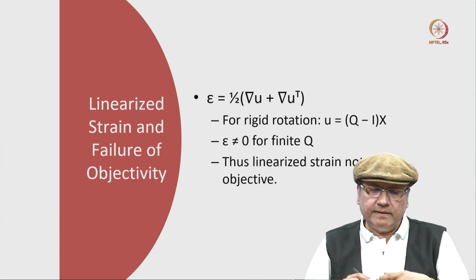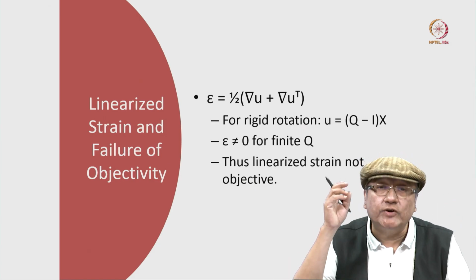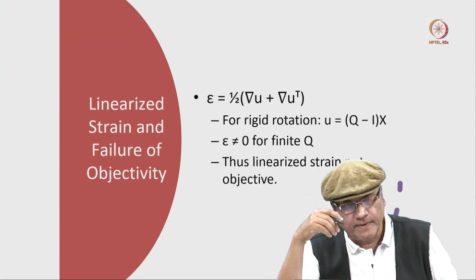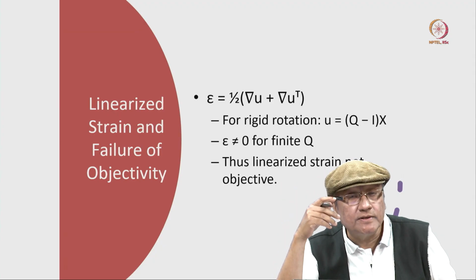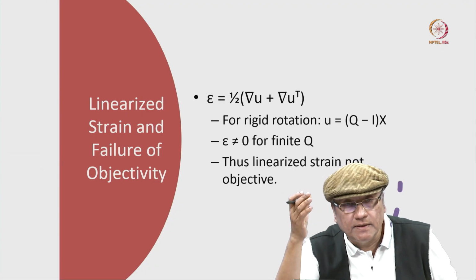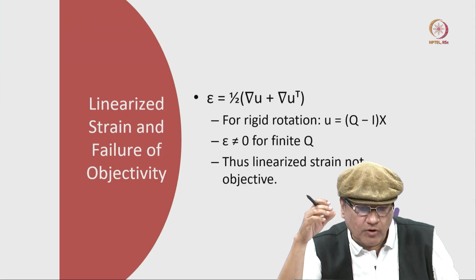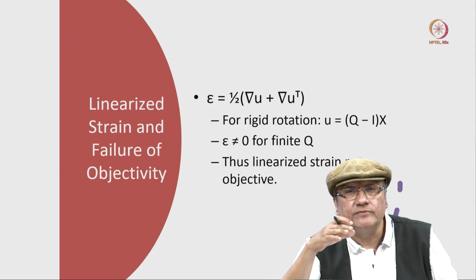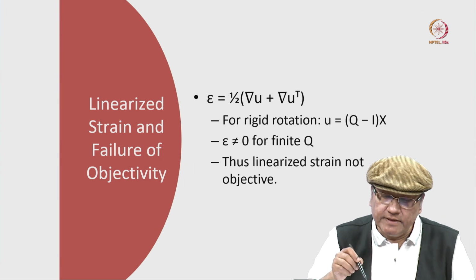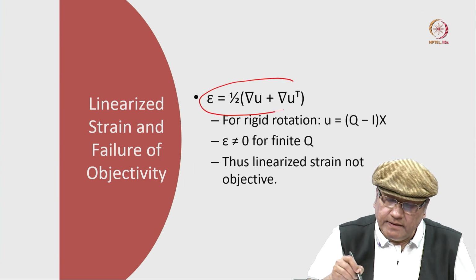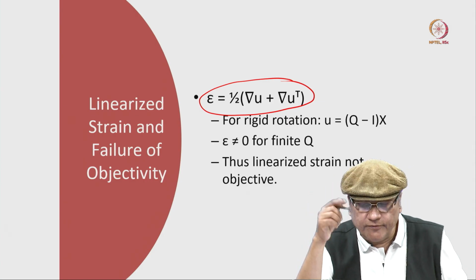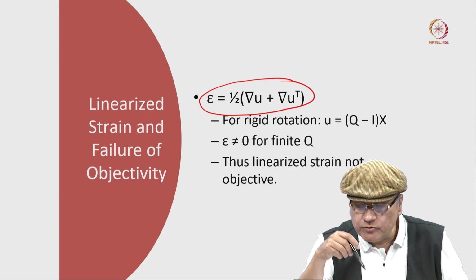Right, but the linearized small strain is well used in the literature, by practitioners also, because it is much simpler to use with much simpler computational tools. The small strain is, maybe we have discussed it earlier, half of grad u plus grad u transpose.